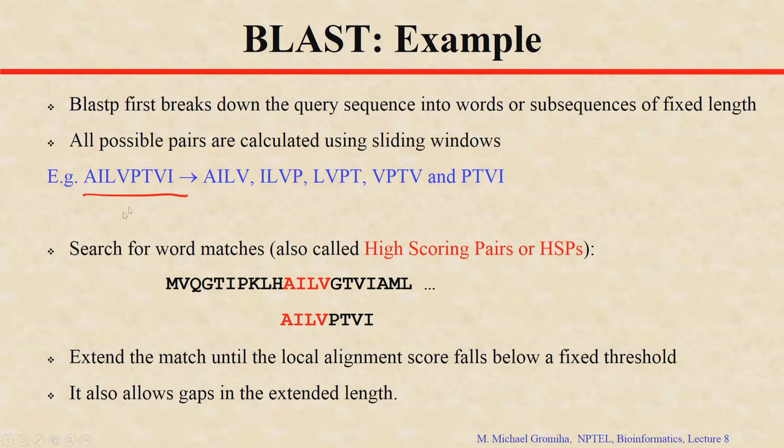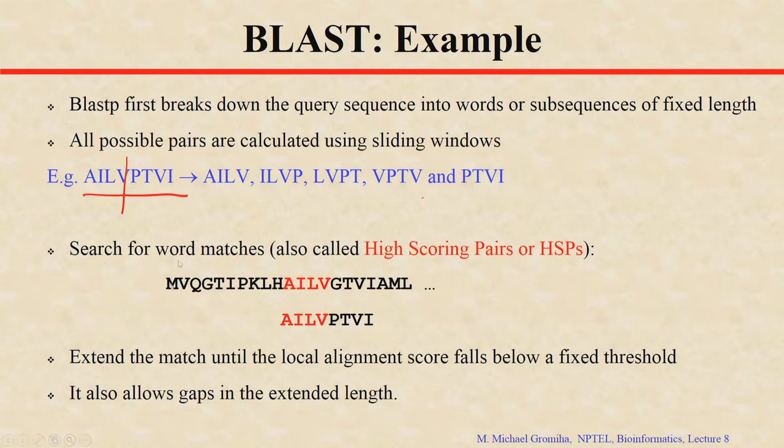BLAST splits this sequence into smaller pieces. For example, with 4 residue segments, it is divided into AILV, ILVP, LVPT, VPTV and PTVI. So, these are overlapping segments.